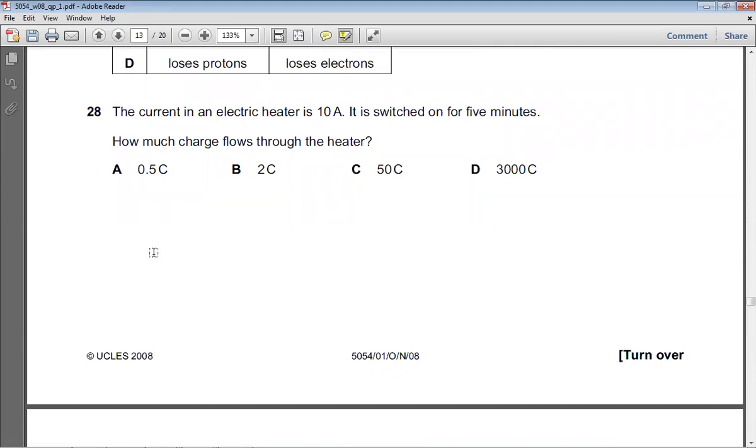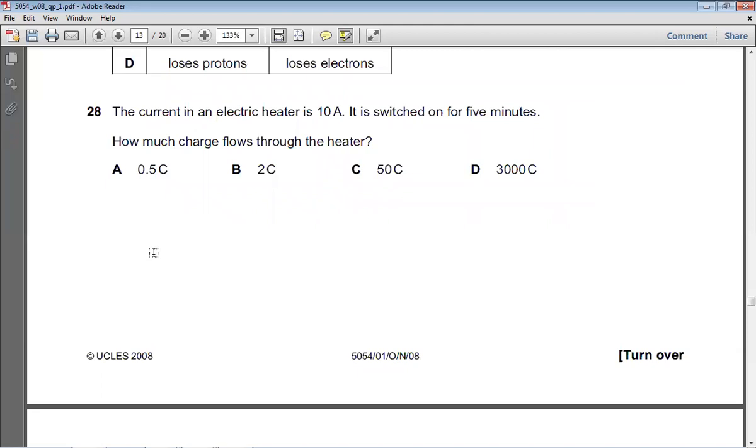Question number 28. A current in an electric heater is 10 ampere. It is switched on for 5 minutes. How much charge flows through the heater? A very simple and famous formula: current is equal to charge divided by time. The current and the time are given to us, and we want to find the charge flowing.